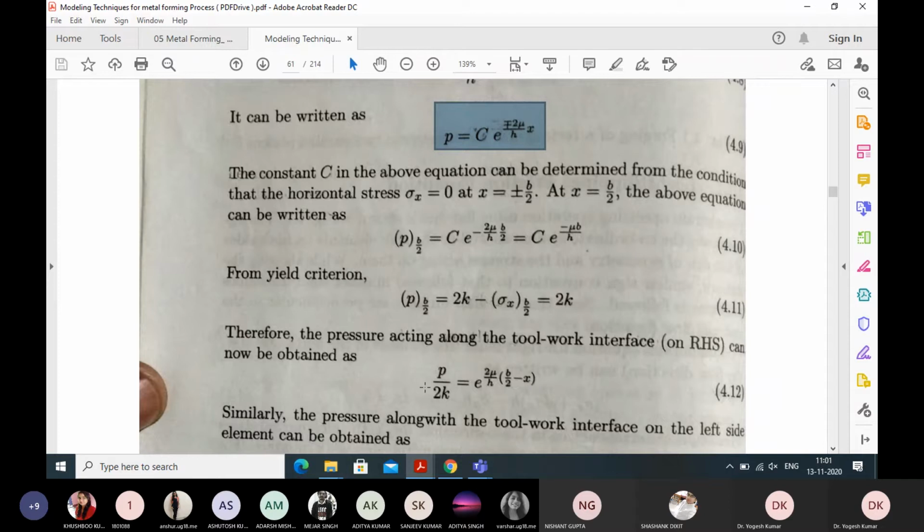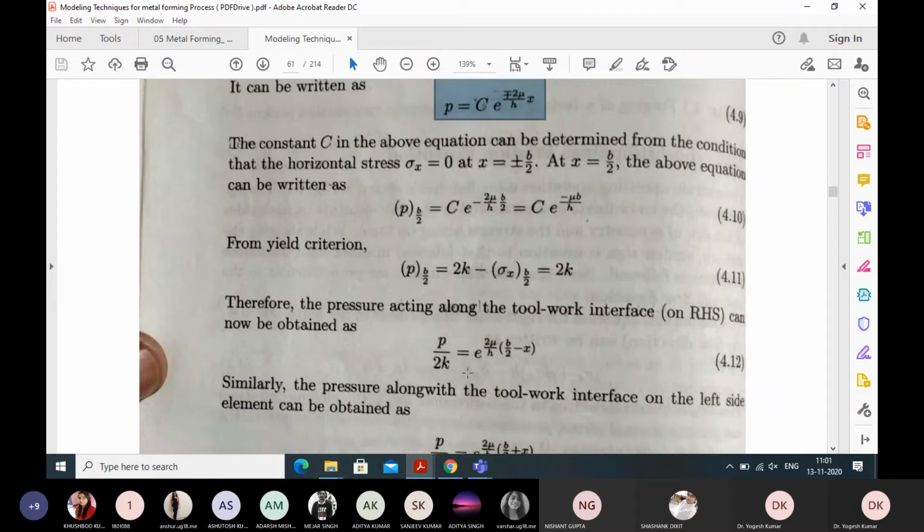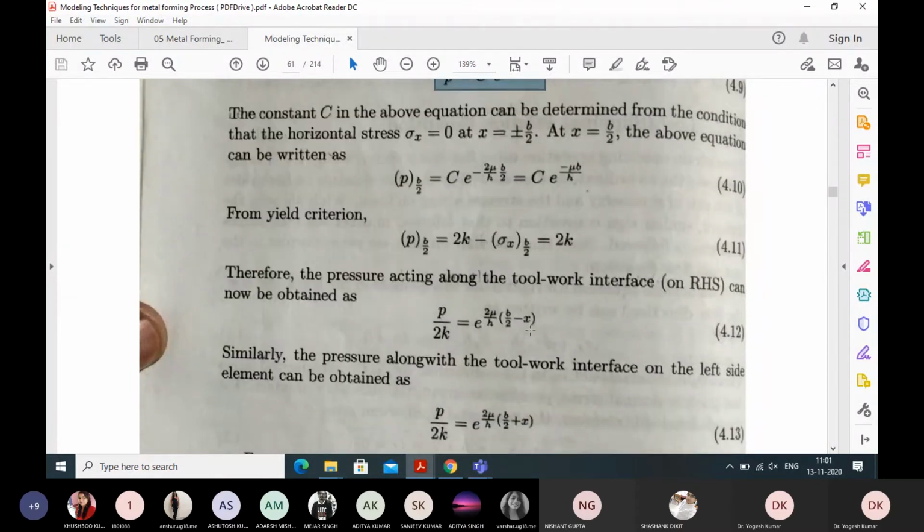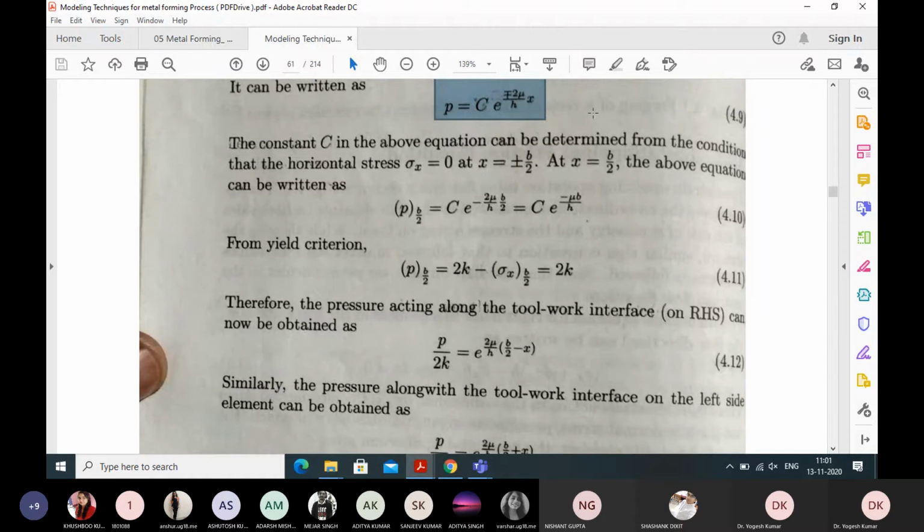This has been rearranged as p/2k equal to e to the power twice mu upon h into b/2 minus x. This is simple mathematics. If you do it on your own, then things may be clear in a better way.